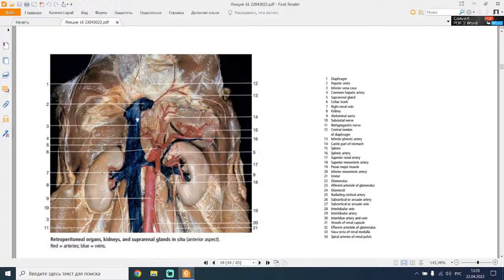You see this is vena cava inferior, vena renalis, vena suprarenalis sinistra, vena renalis dextra. This is vena spermatica dextra, vena spermatica sinistra.